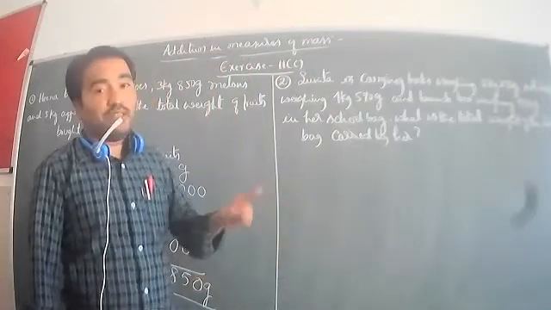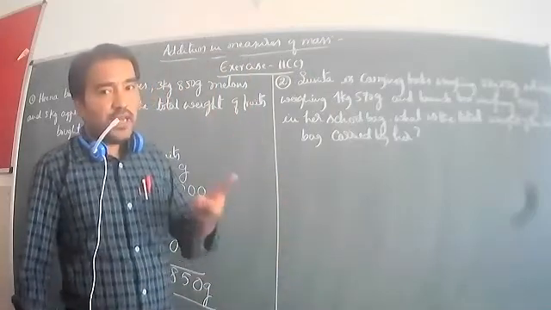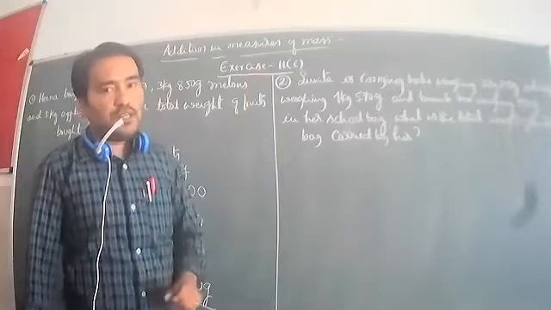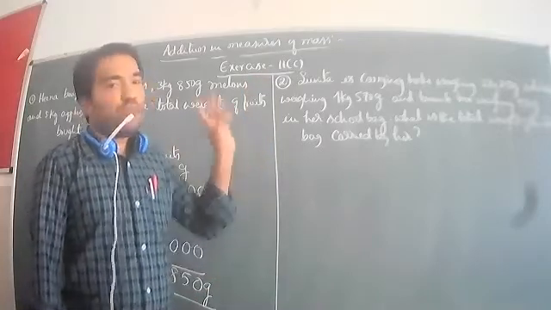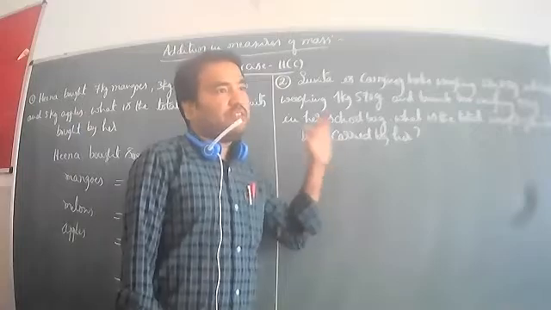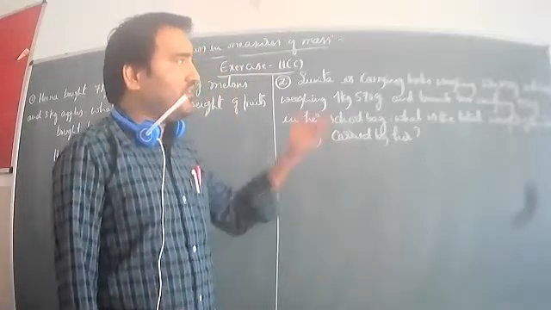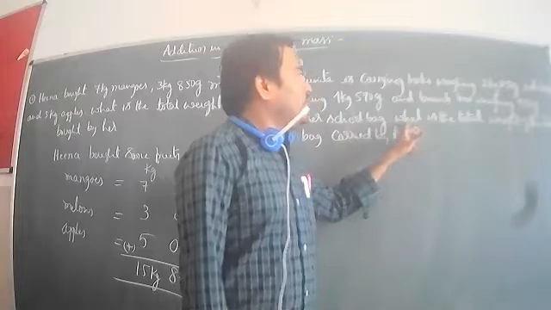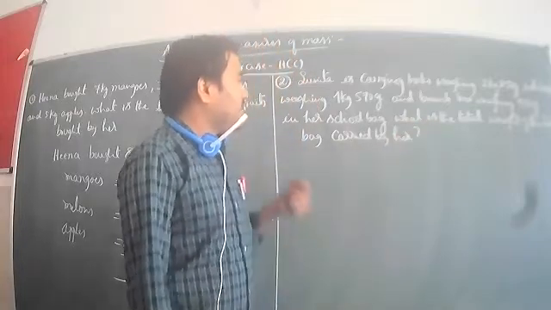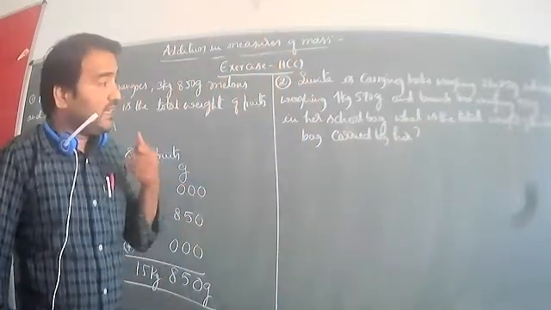So these items are there. First one is textbooks, then notebooks, then lunch box. They are giving different weights, measures of weight. What is the total weight of the school bag carried by her?